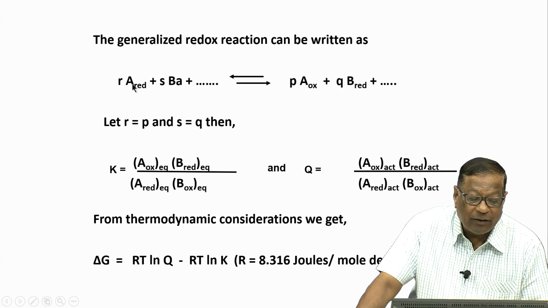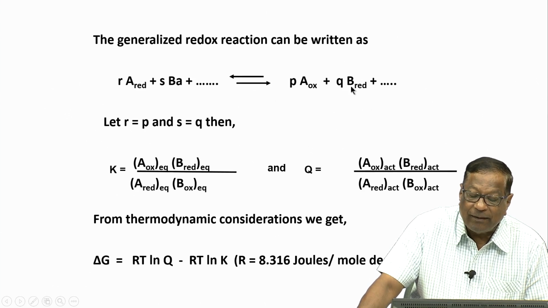That is, species A is getting oxidized from the reduced species, and B, the oxidized species, is getting reduced to the reduced species.